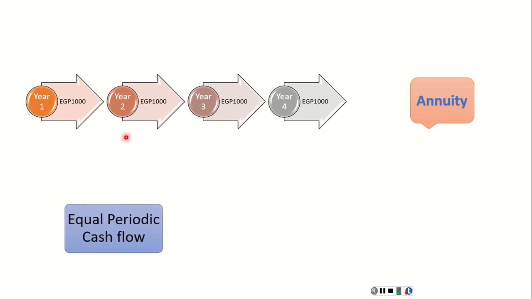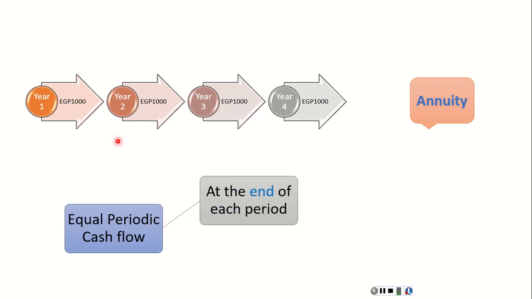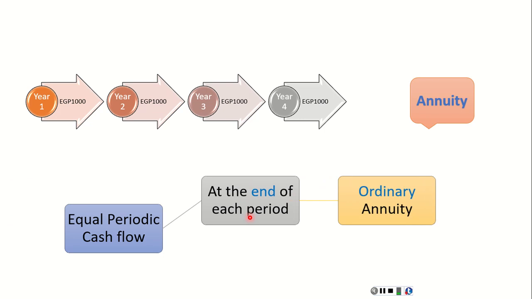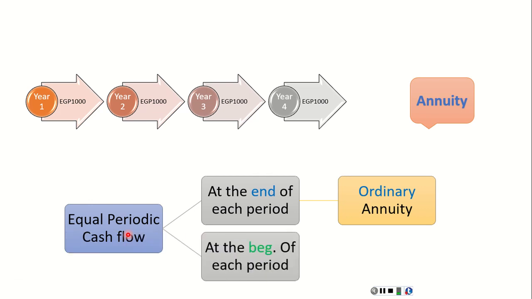If this equal and periodical cash flow is expected to be paid or received at the end of each period, we talk about the first type of annuity, which is ordinary annuity. But if these equal periodical cash flows are expected to be paid or received at the beginning of each period, we talk about the second type, which is annuity due.